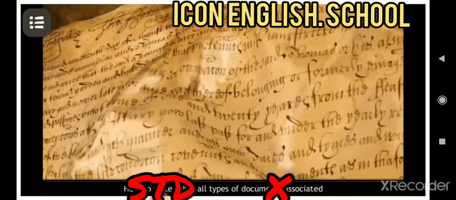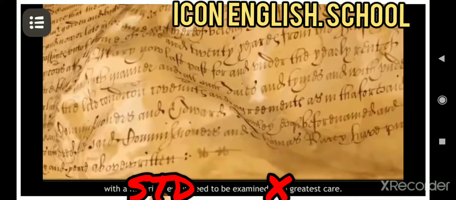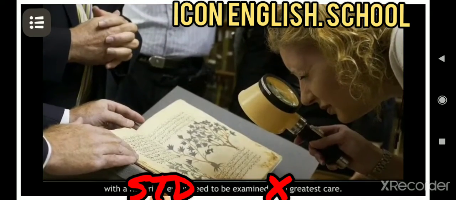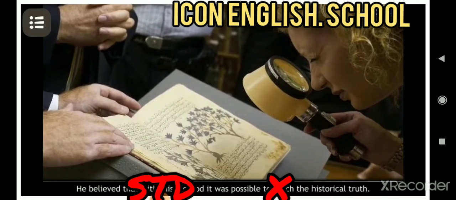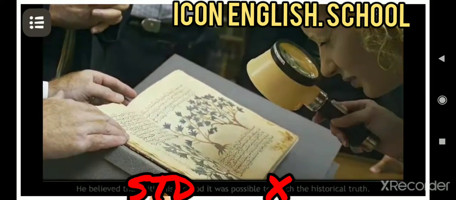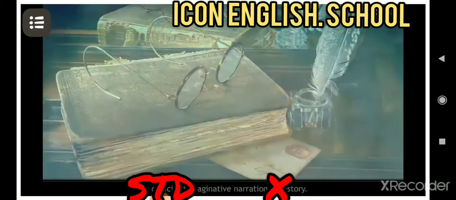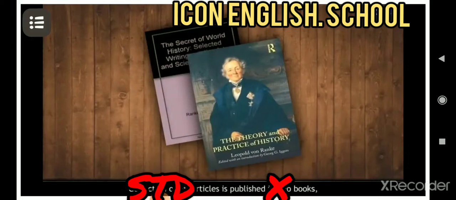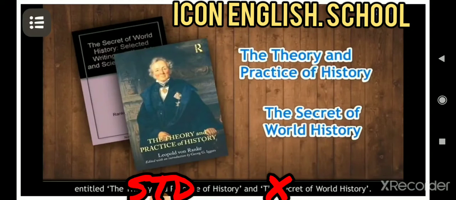He also stated that all types of documents associated with a historical event need to be examined with greatest care. He believed that with this method, it was possible to reach the historical truth. He criticized imaginative narration of history. Collection of his articles is published in two books entitled The Theory and Practice of History and The Secret of World History.